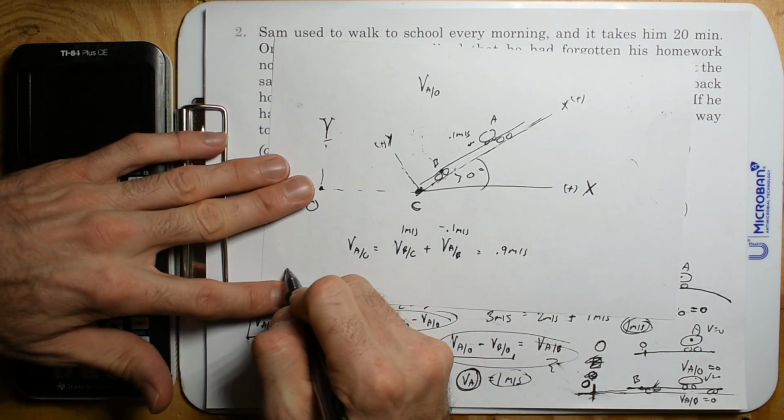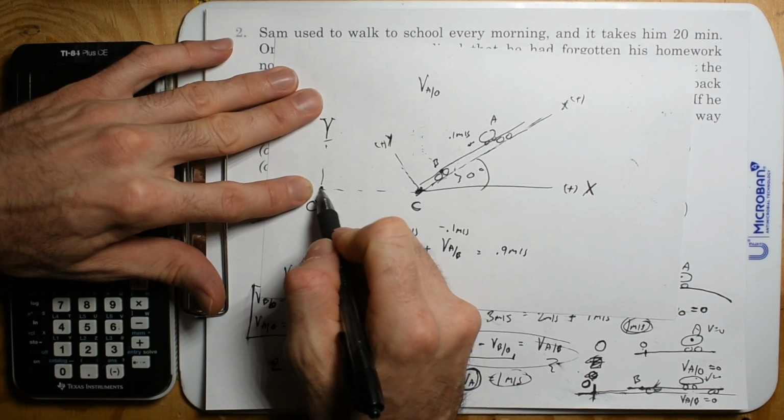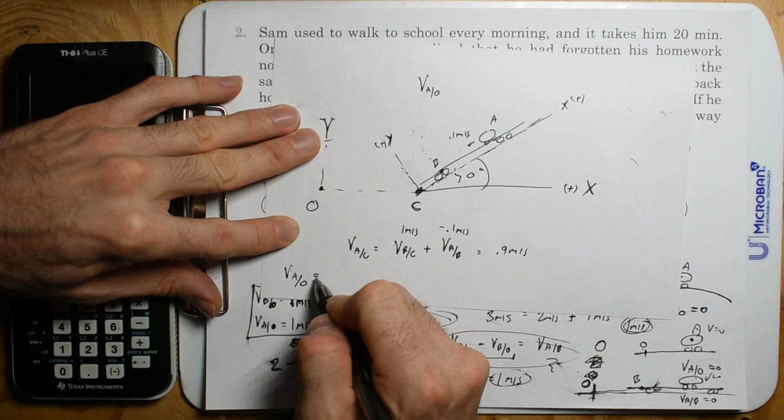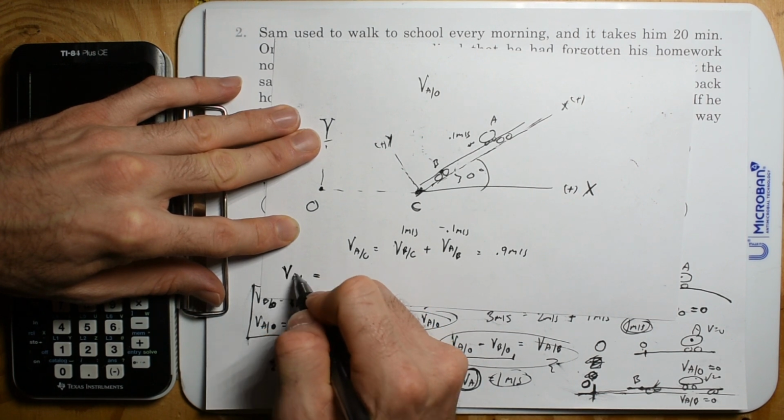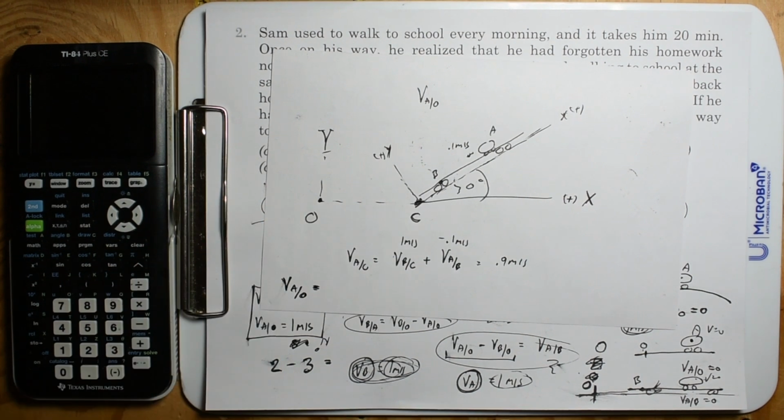But if I wanted, let's try this. Velocity of A as seen from O. And this is maybe where you actually have to do, I don't know, let's see. I don't even know what complicatedness you'd have to do.